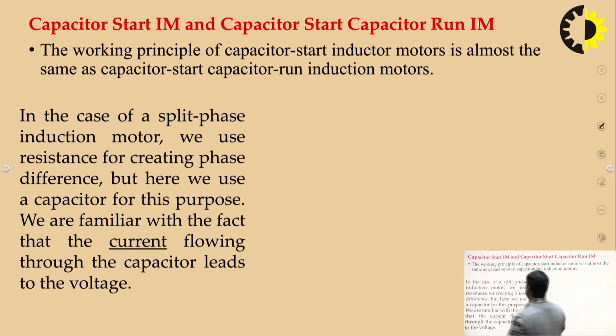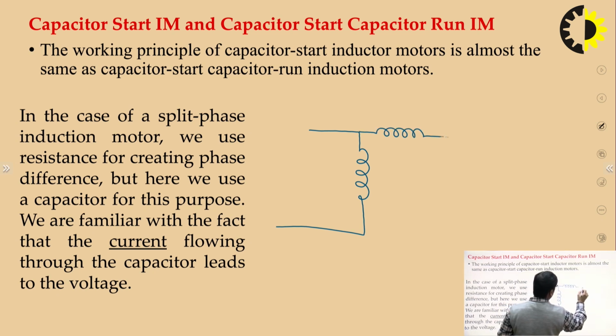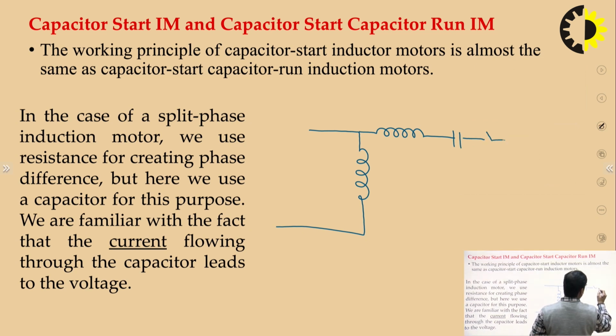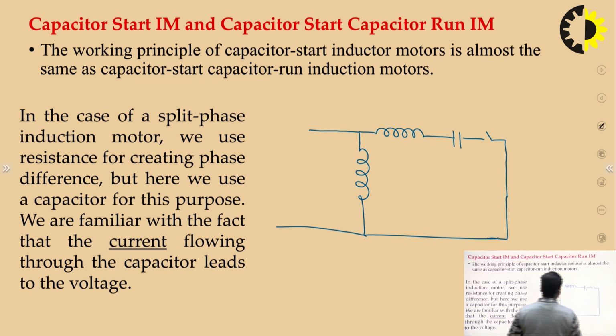In the capacitor start, again we will take the circuit diagram of the same. We have a main winding. Let me draw the diagram. Main winding, start capacitor is there, then centrifugal switch is there, and we have a rotor.